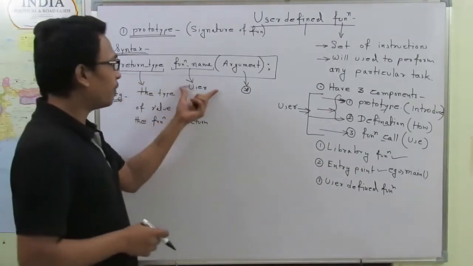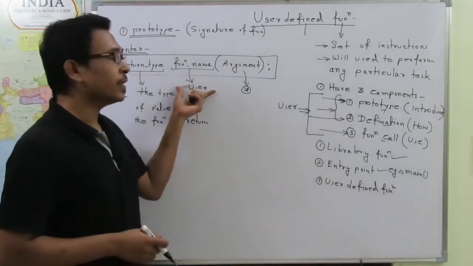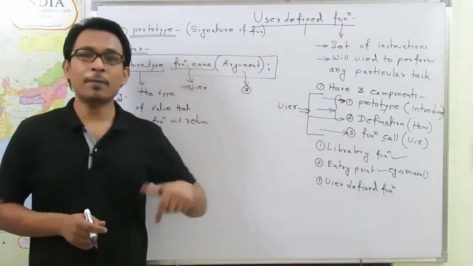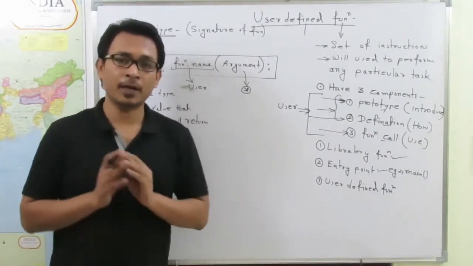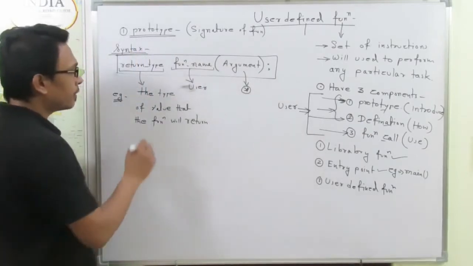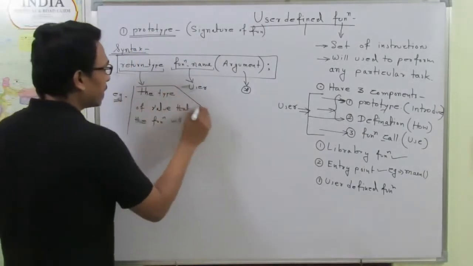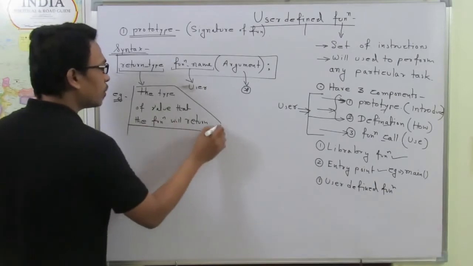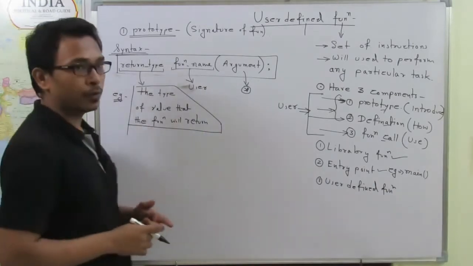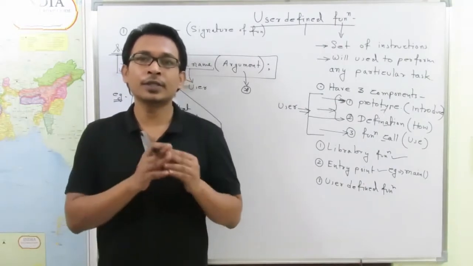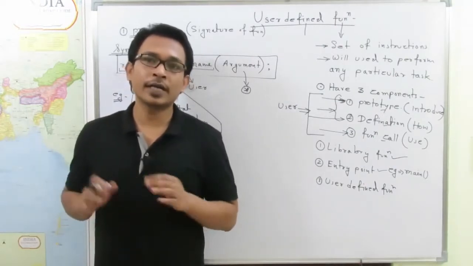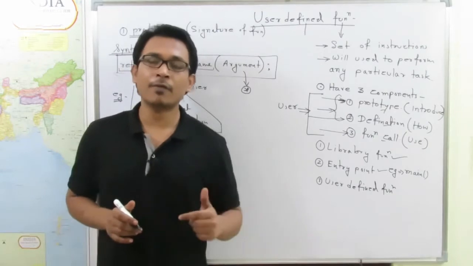That means after performing the task for which we are implementing this function, we need to specify which type of value it will return. Now look, there is a possibility that a particular function is not going to return any value after performing its task.